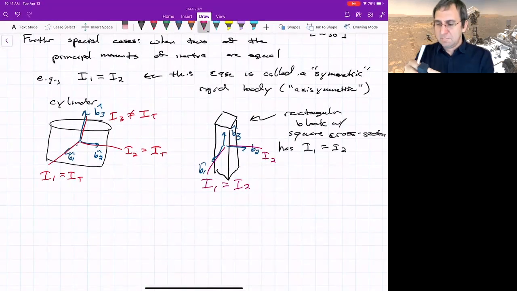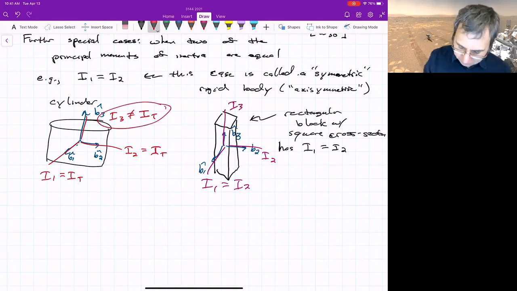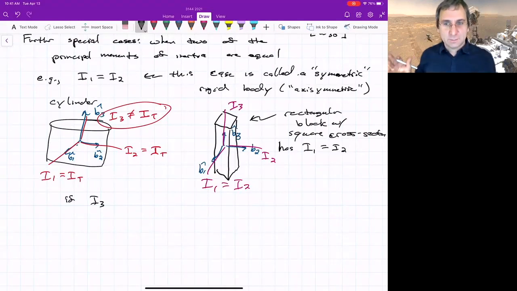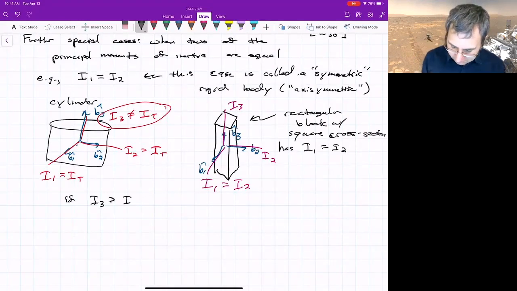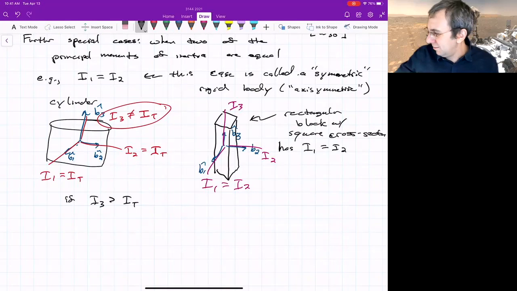And then these have kind of 2 different cases, and we'll just have to work on it next time. One of them is we've got I3 does not equal IT. If I3 is the largest moment of inertia, so if it's bigger than IT, that means you have sort of a squished thing, kind of like what I drew here. I think this probably also qualifies, this big piece of lead on my coaster.